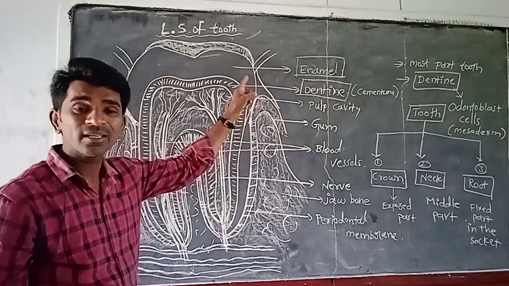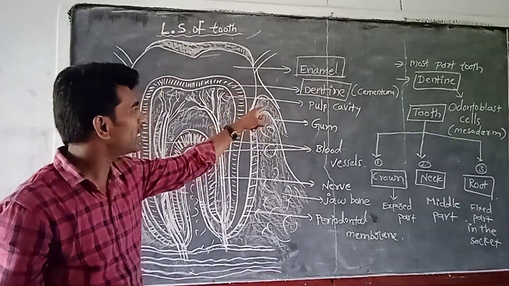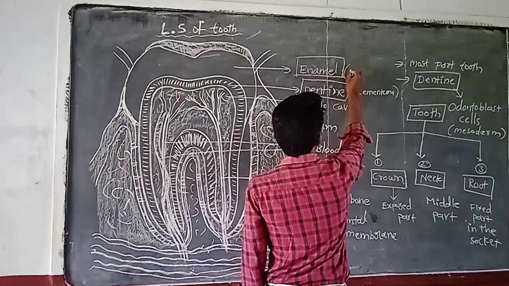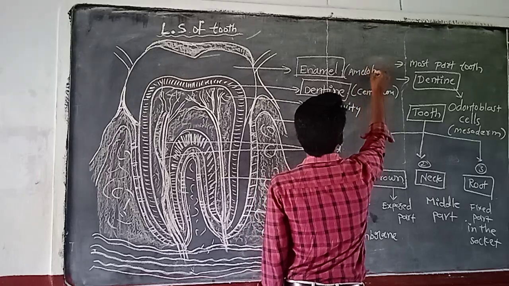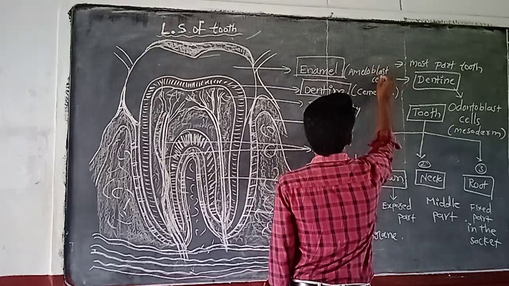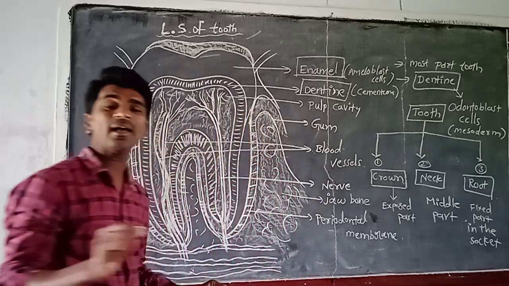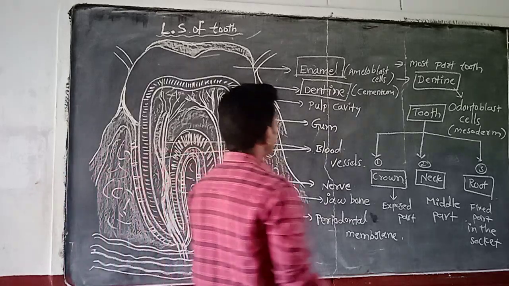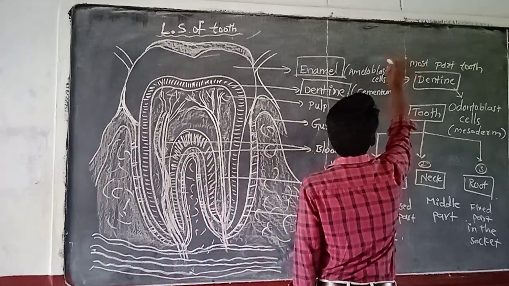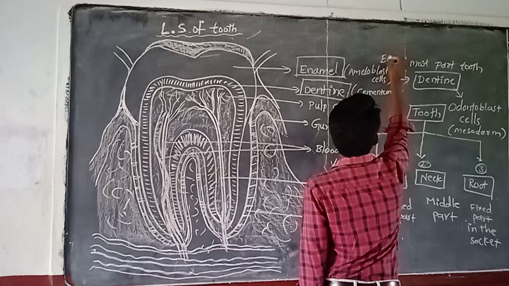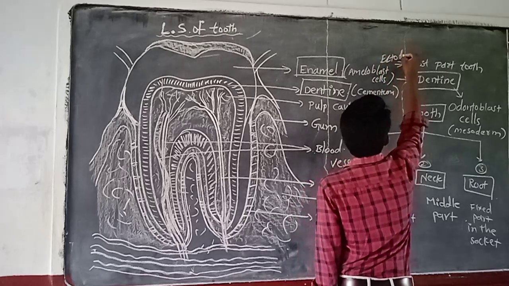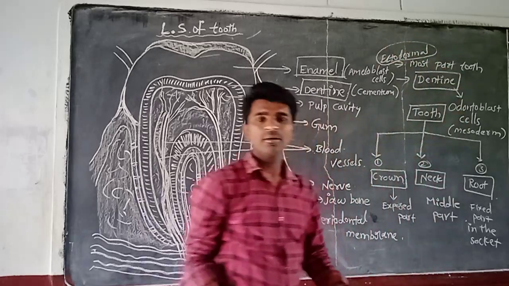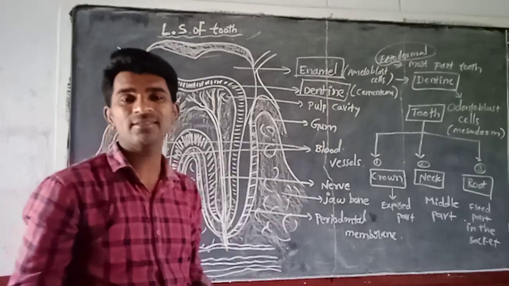The enamel is formed by the cells called ameloblast cells. The ameloblast cells are ectodermal in origin. The ectodermal layer produces the ameloblast cells.